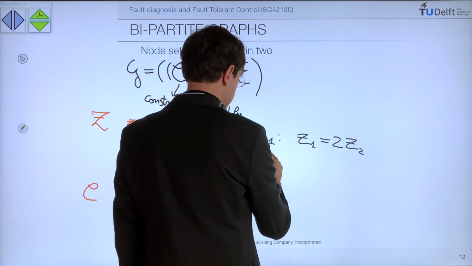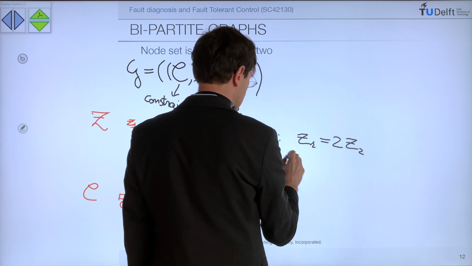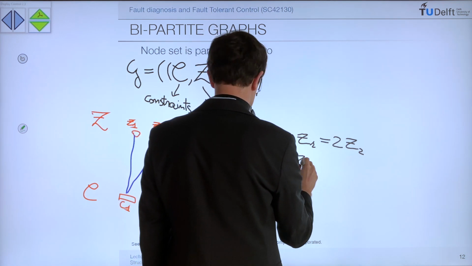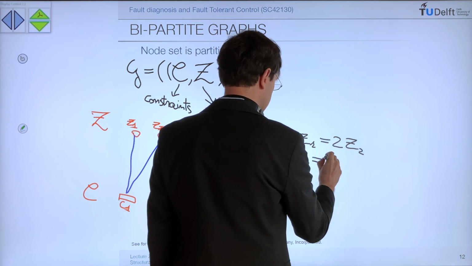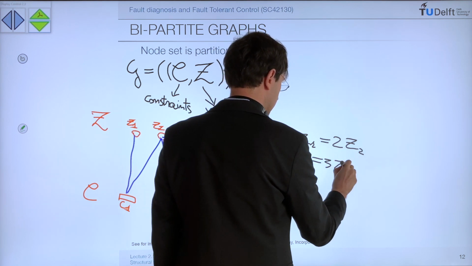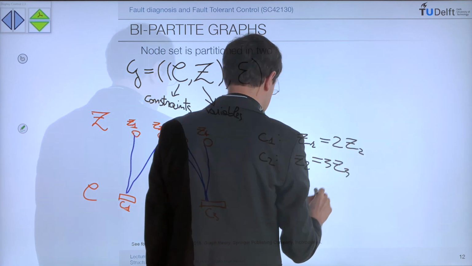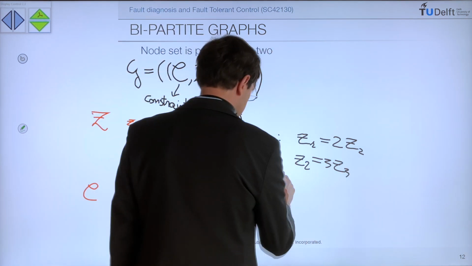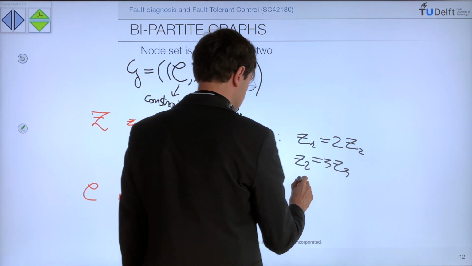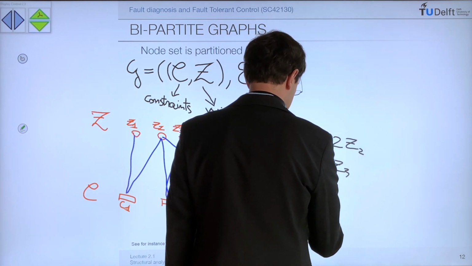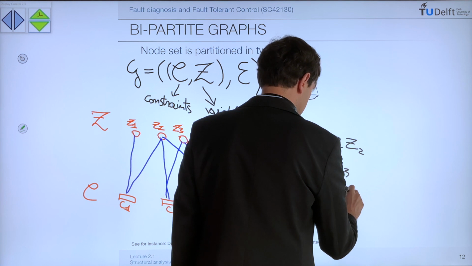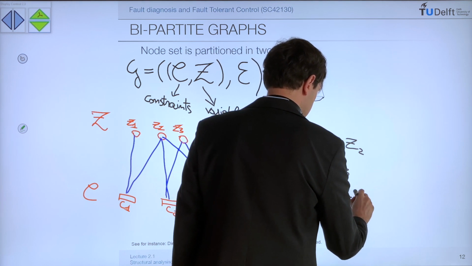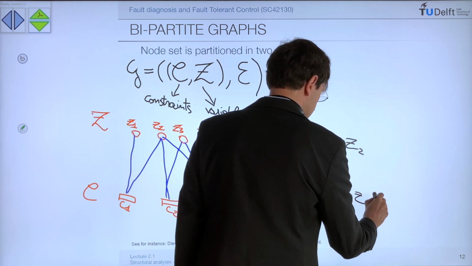Then we can assume that C2 is such that Z2 is equal to 3 times Z3. And then C3 is telling us that Z2 plus Z3 plus Z4 is equal to 0.